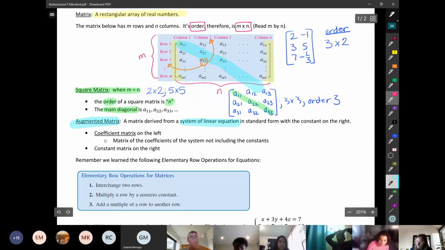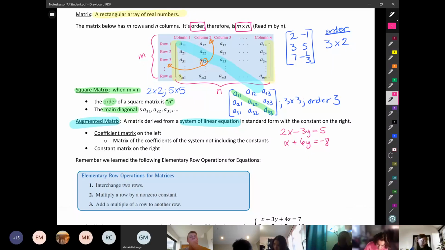So if I have a linear system, let's say 2x minus 3y equals 5, and x plus 6y equals negative 8, I'm going to write this system into an augmented matrix. Augmented means it's divided somewhere, there's a barrier.